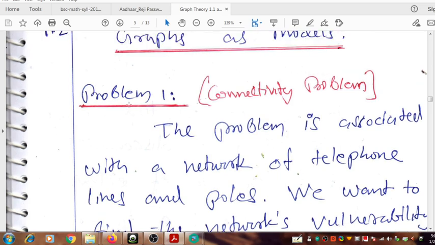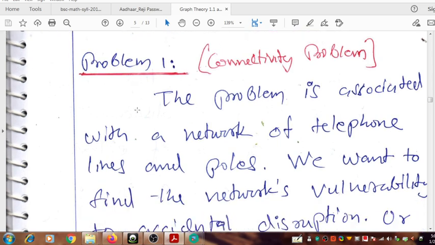In every case, the problem will be described in the first part, and after that, we give a mathematical, more correctly, a graph theoretical representation of the problem, and then in most cases we give some hints about the solution, or some hints about the importance of that problem.